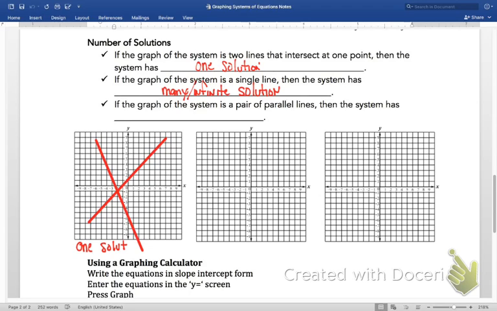So that's one solution. It's going to have many solutions if I have a line and then I end up having another line that's just going to basically run right across the top of it, where I have the blue one and the red one where it's the same line. Now for the third one, if the graph of the system is a pair of parallel lines, then the system's going to have no solution.